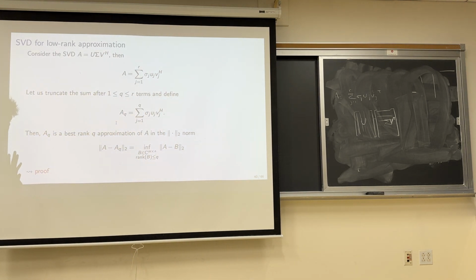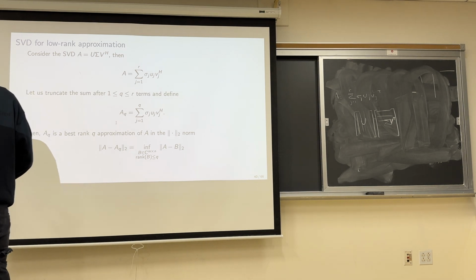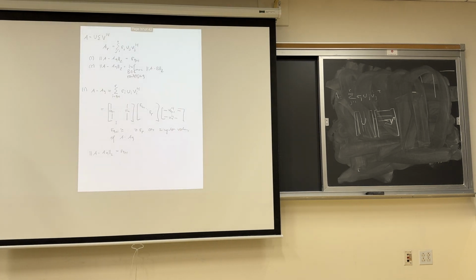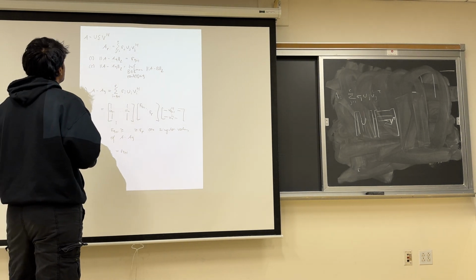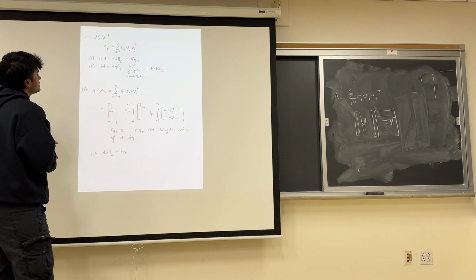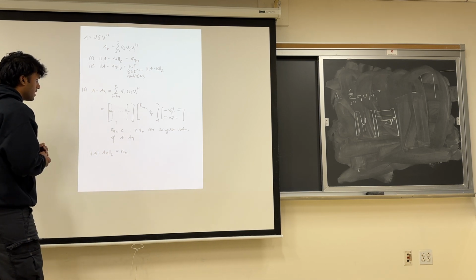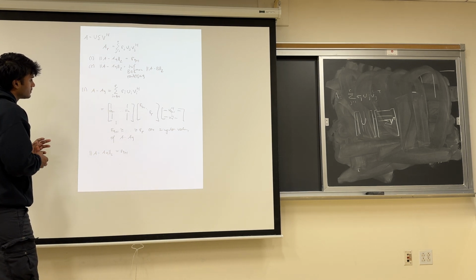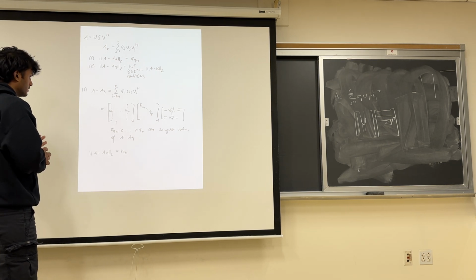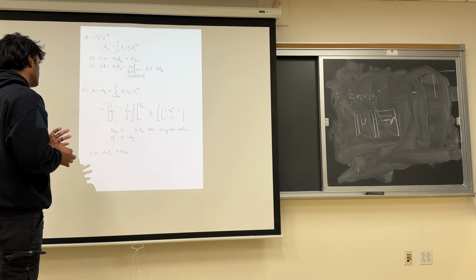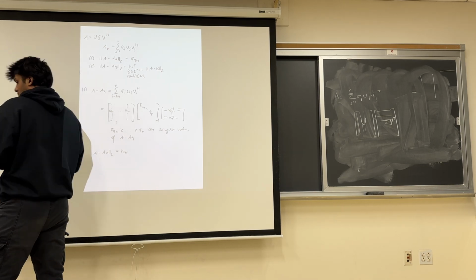If A_q is the best rank q approximation of A in the 2 norm, how did they prove this? A is U sigma V transpose, and A minus A_q is sigma_{q+1}.